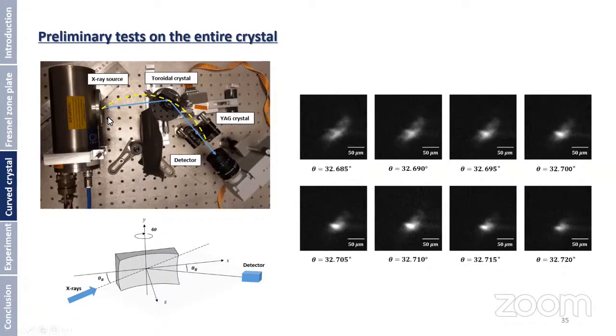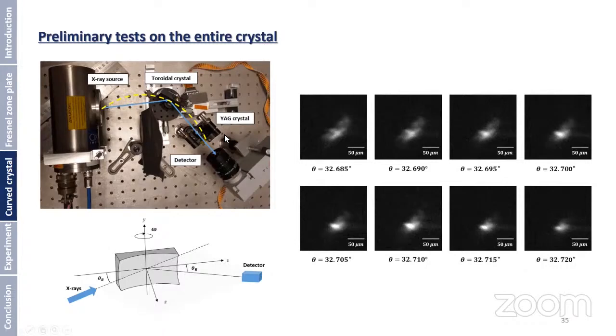The direction of the X-ray beam is fixed, and the incident angle can be changed by rotating the toroidal crystal in the horizontal plane. The whole crystal is illuminated, corresponding to a numerical aperture of 0.1.